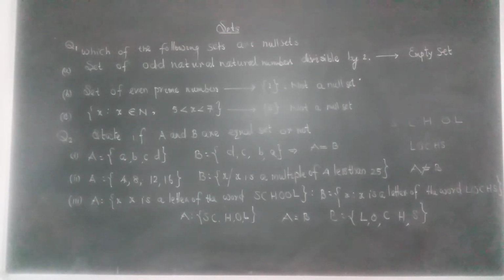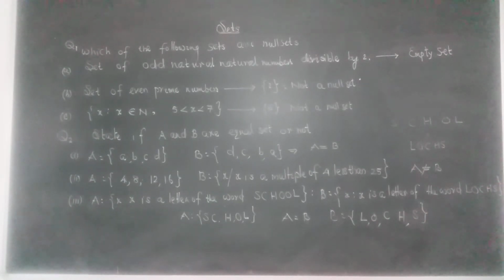Often we are changing this wording, null set or empty set, but the concept is remaining the same. Null set means empty set means null set. So which of the following sets are null sets? You need to identify the empty set or the null set.